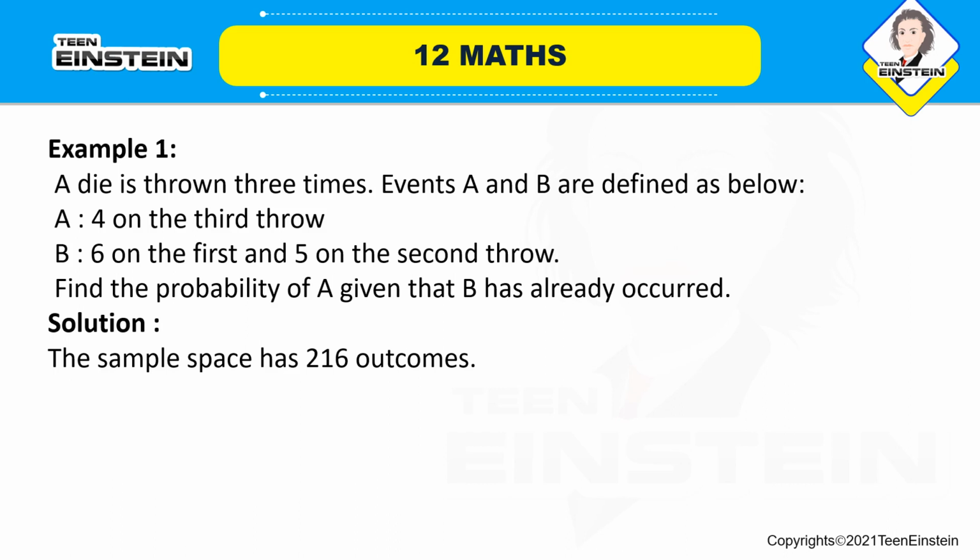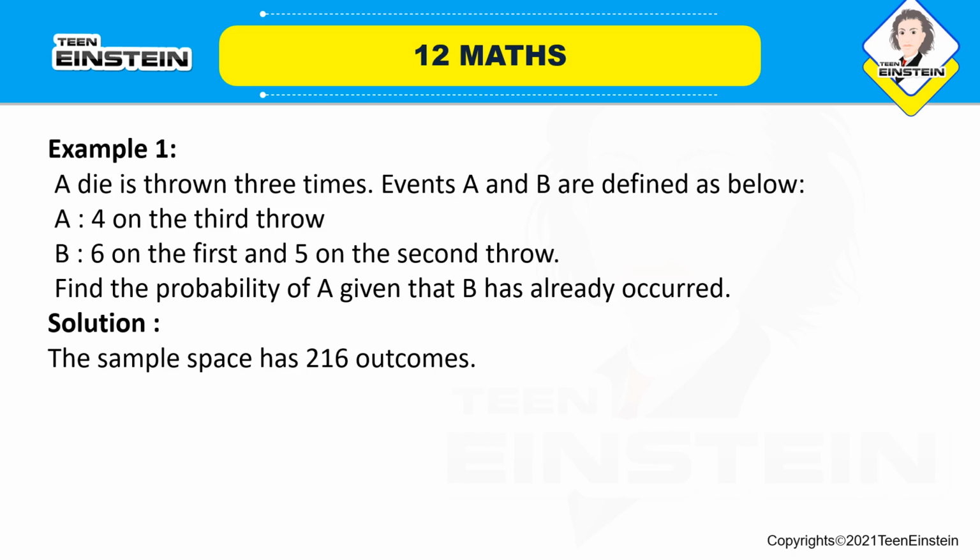Find the probability of A given that B has already occurred. So here it is not mentioned that you should find the conditional probability; you have to understand it. The event B has already occurred here. If the event B has already occurred, then what is the probability of A?